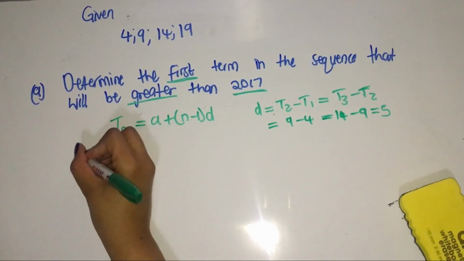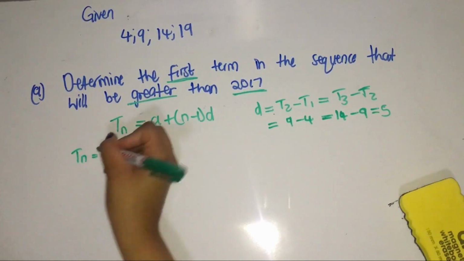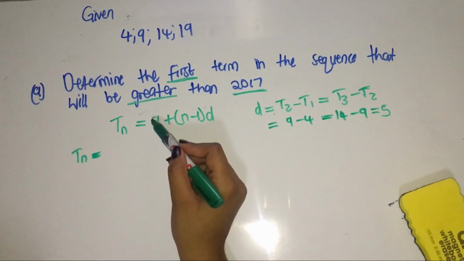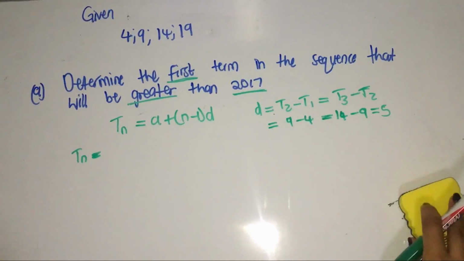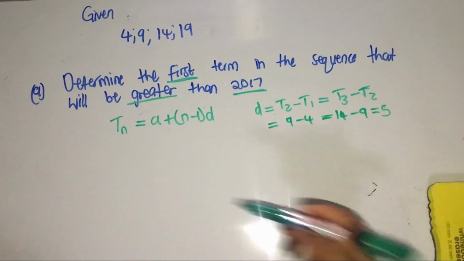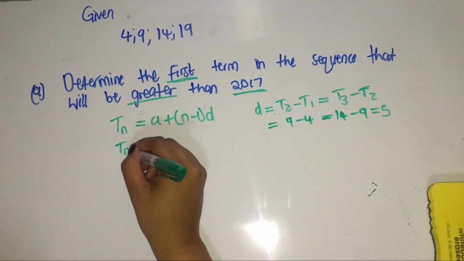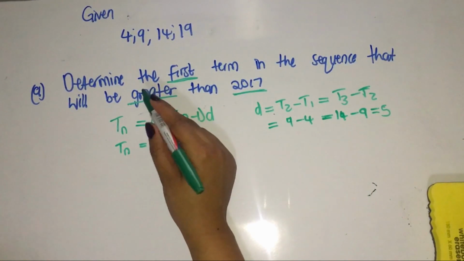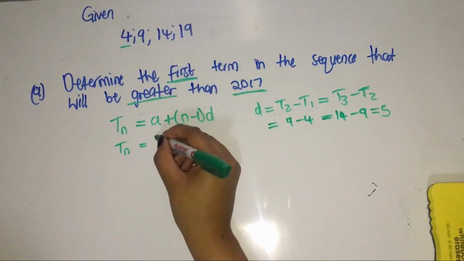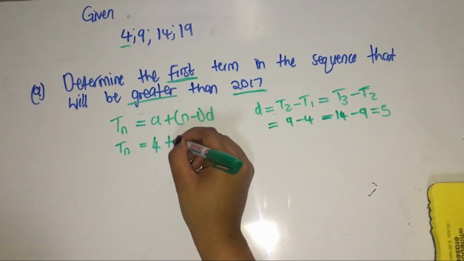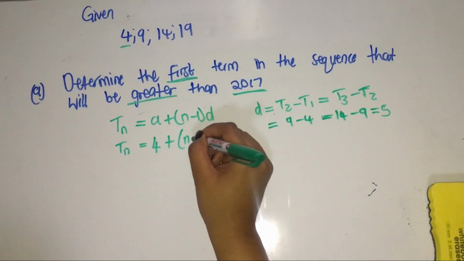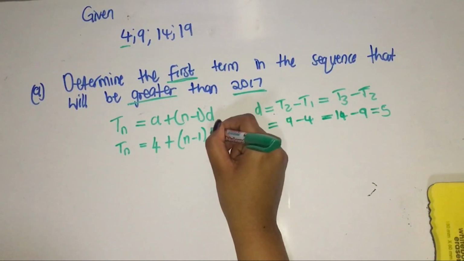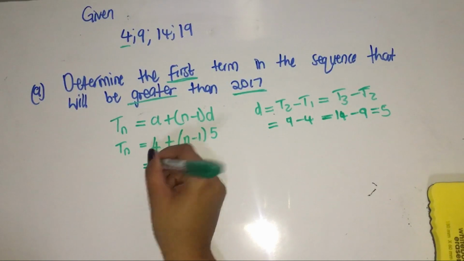Now we have Tn, which is equal to, what is our first term? Let me just write it here. Tn is equal to our first term, which is 4, plus n minus 1 multiplied by our difference, which is 5.